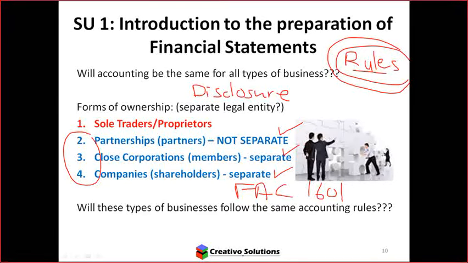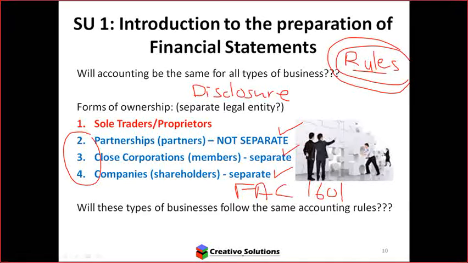Okay, so for example, a sole trader, the business owner is the business, yes? Exactly, because he's the only owner. Correct. And in a partnership, the partners are the business, yes? Yeah, because they're together. Good. But what happens with a CC in a company? Are the employees the business? No. No, good. Okay, the CC is separate, the company is separate.